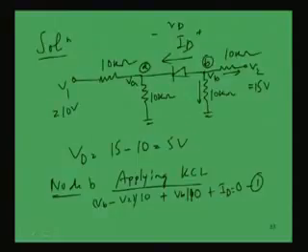Similarly, if I apply Kirchhoff's current law at node A, what will I get? The sum of incoming and outgoing current is equal to 0.